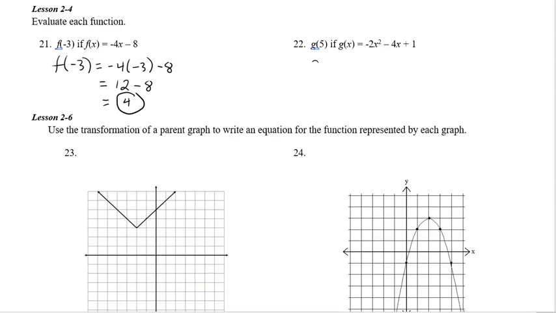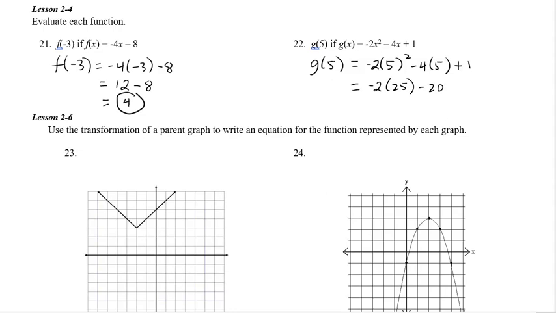Over here we're asked to find g of 5 using this g function. So 5 goes in place of x, and again in place of x. And now we simplify. Don't forget, powers come before multiplication. So this is -2 times 25.